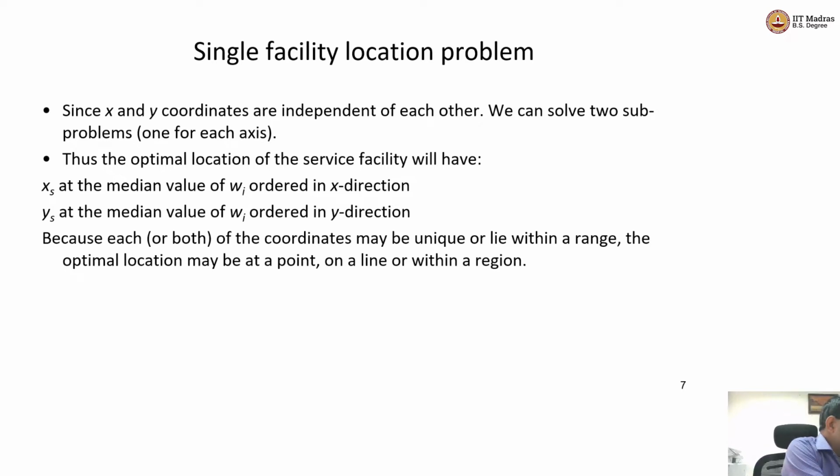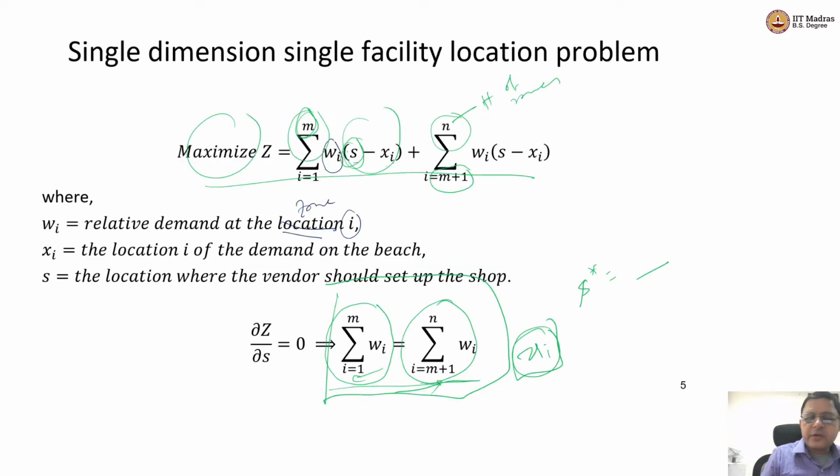So the optimal location of the service facility will be xs at the median of wi in the x direction, and ys will be the median value of wi in the y direction. Earlier that's what we said. This was our cross median solution, only in 1 dimension, which was only the xi dimension.